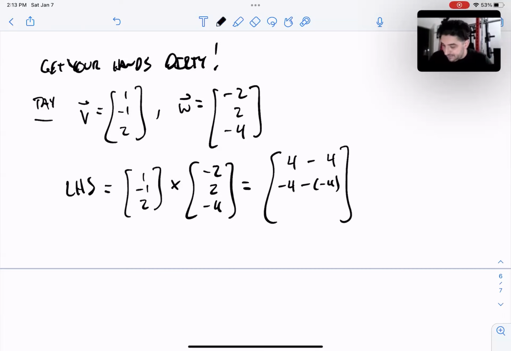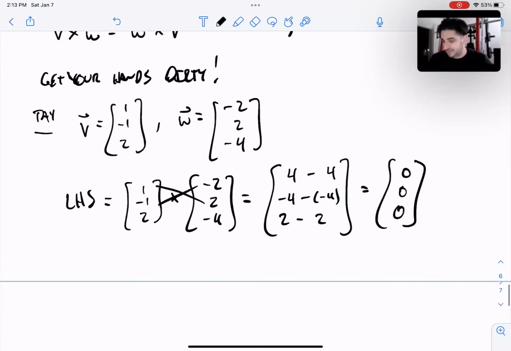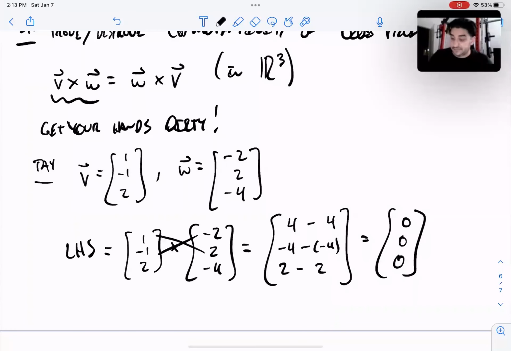Then this one is going to be 2 minus 2. Wow. All right. So I actually get (0, 0, 0) for that left-hand side, for v cross w. And when I say left-hand side, I'm referring to the left-hand side of the proposed identity. So there's the left-hand side in my example.